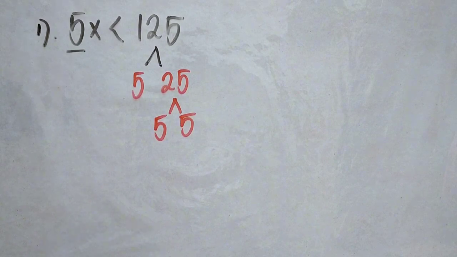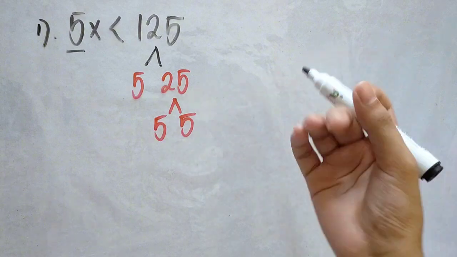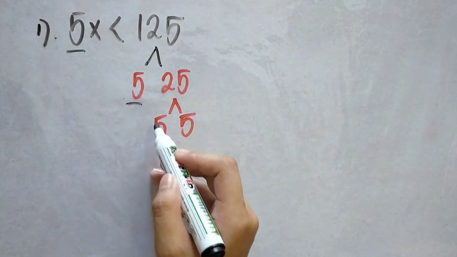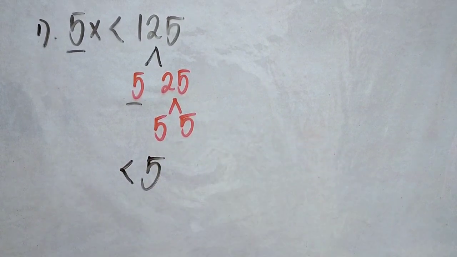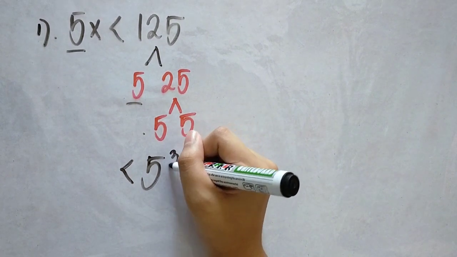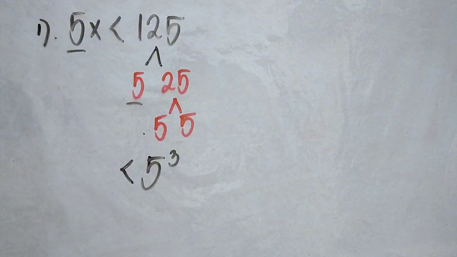Again, as our second step, hahanapin natin sa kanila yung may pinakamaraming number. And obviously, it is 5. Bilangin natin kung ilan yung bilang nila. 1, 2, 3. 3 yung ilalagay natin as their exponent.